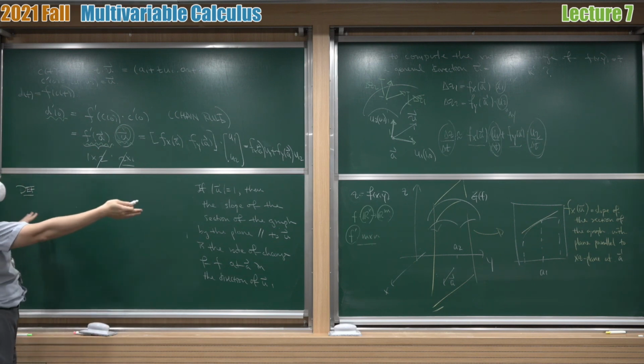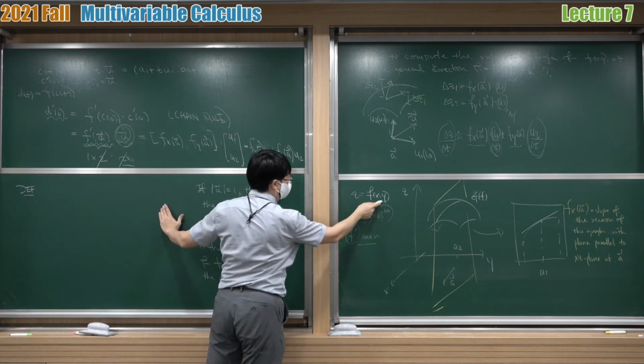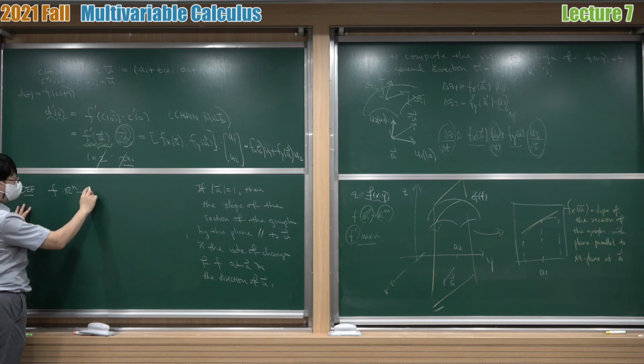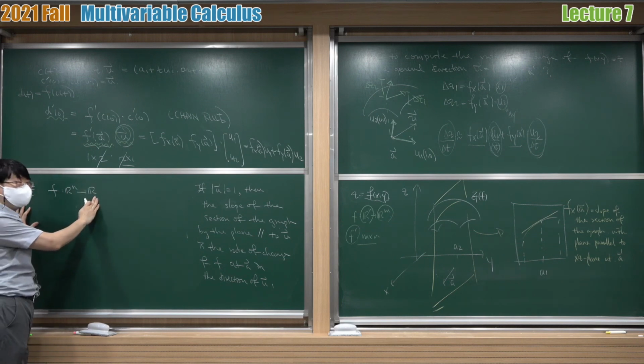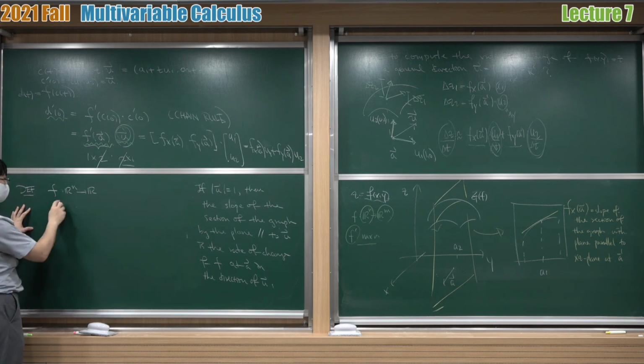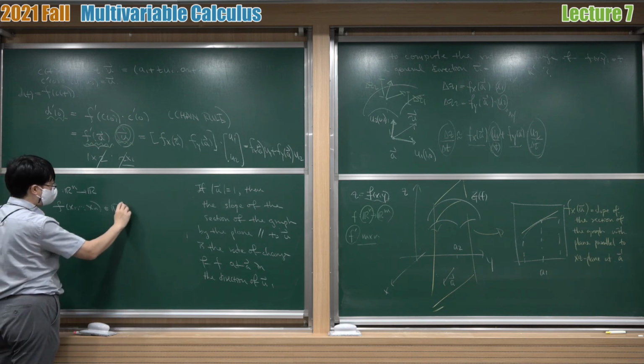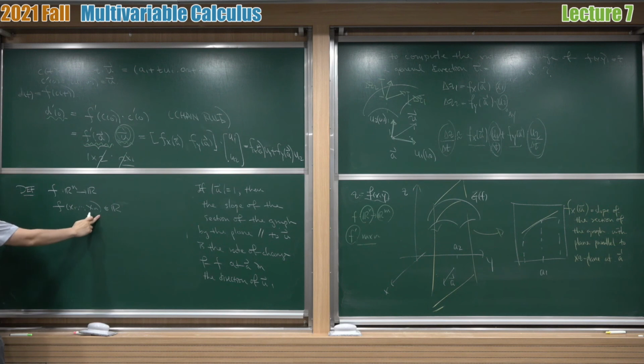So let's generalize a little bit further from this example. Let's say f is a function from Rn to R, so it's a real valued function. And let's say I have f(x1, ..., xn) as an input, and the value is a real number.